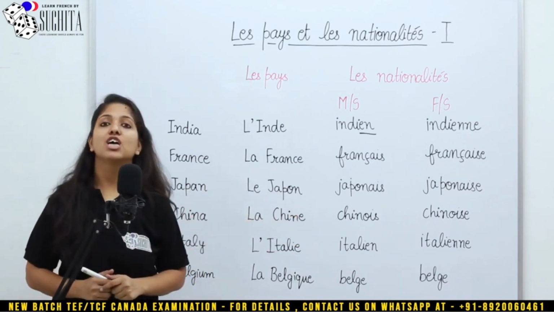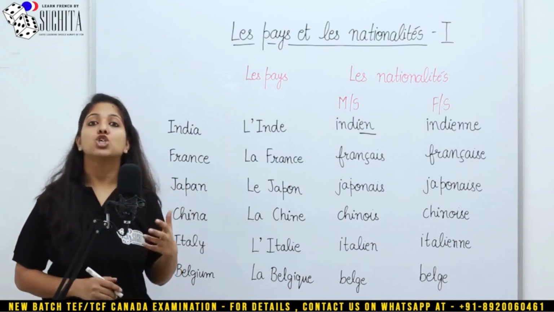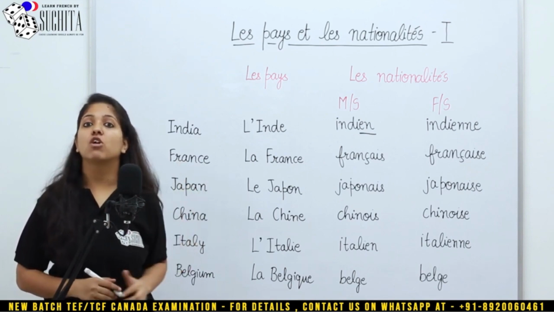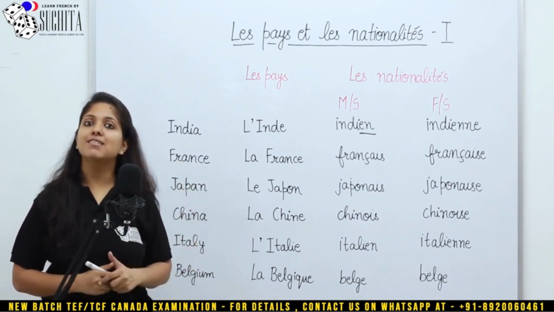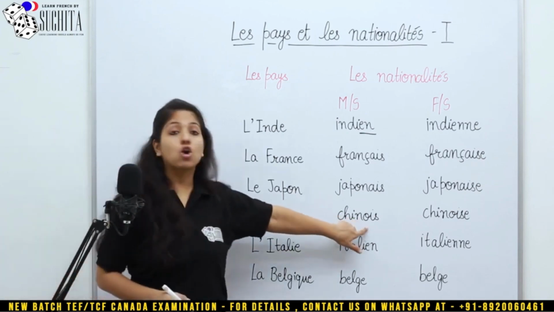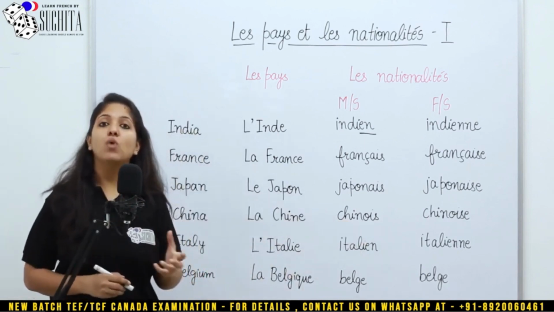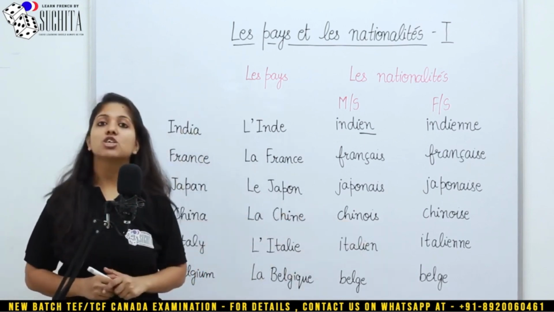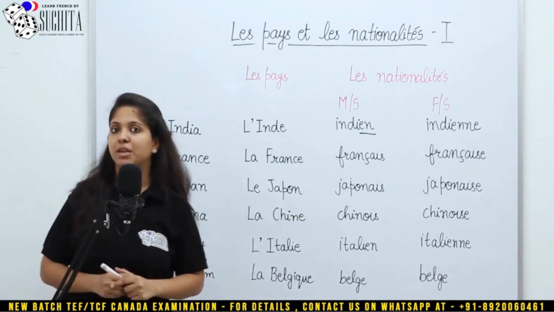China is la Chine. In French, CH is always sh, so it is la Chine. The nationality is chinois. By the way, the combination OI in French is oua, chinois. The feminine is chinoise. So you see, we again applied E to make it feminine.